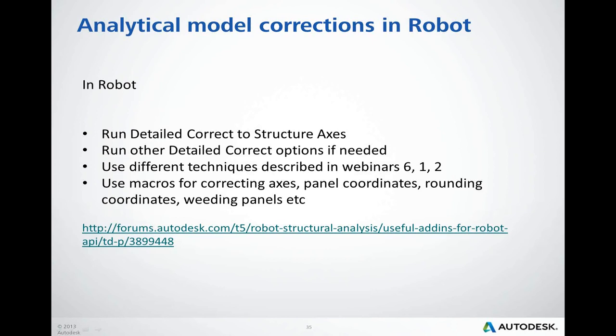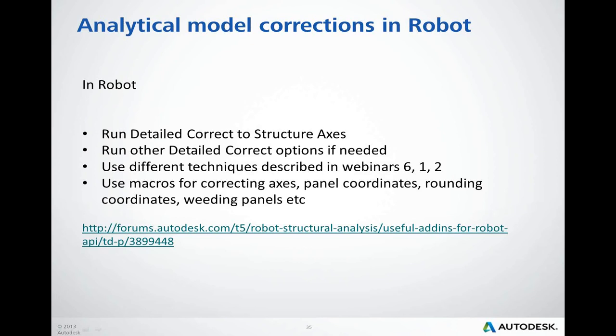In other cases, detailed correction options can be run with different settings and different parameters, like correcting to plane, correcting to line, or correcting to nodes or points. One can also use different techniques of correcting or modeling in Robot described in webinars 6, 1, and 2.